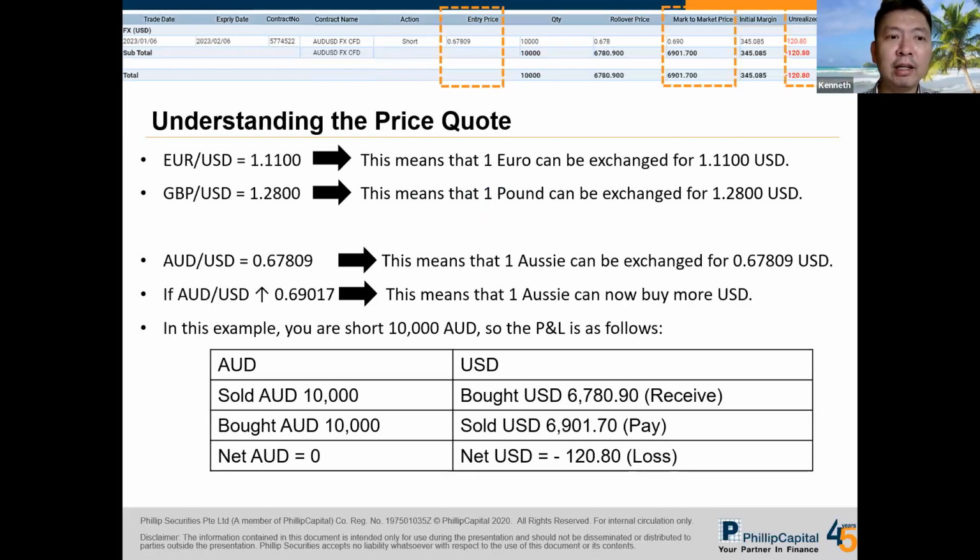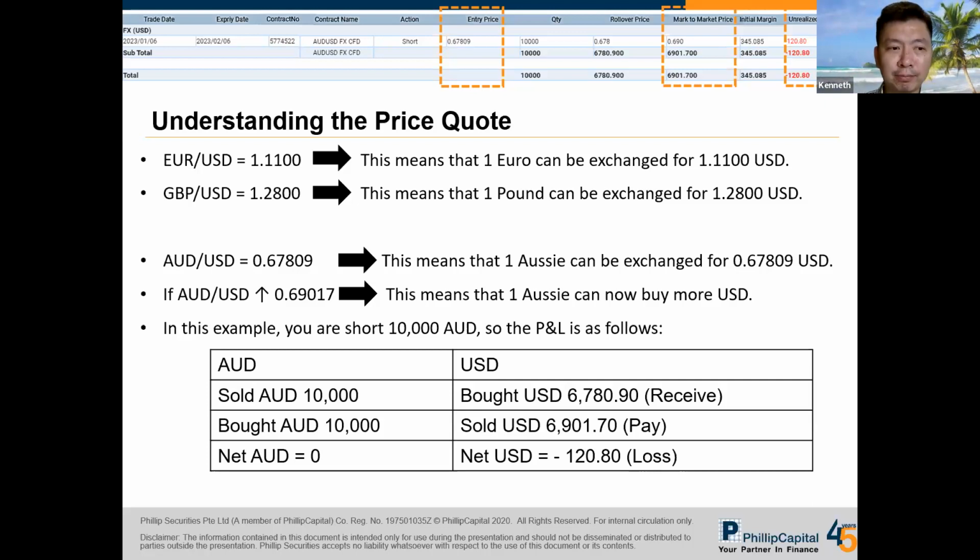As you can see, if the EUR USD is quoted at 1.1100, this means that 1 euro can be exchanged for 1.1100 US dollars. Now, for the GBP against USD, which is the British pound against the US dollar, if it's quoted at 1.28, this means that 1 pound can be exchanged for 1.28 US dollars, and so on.